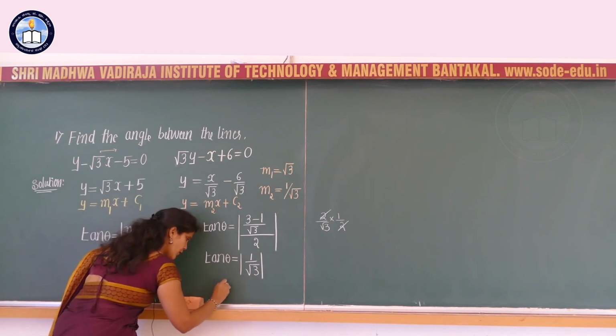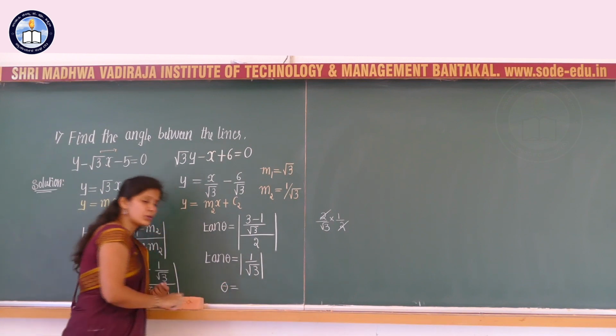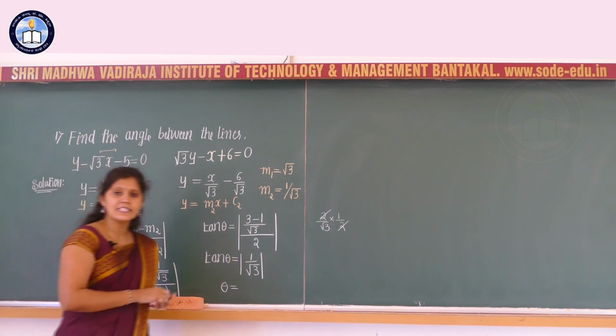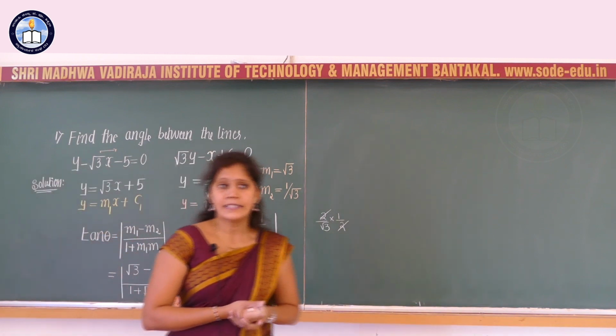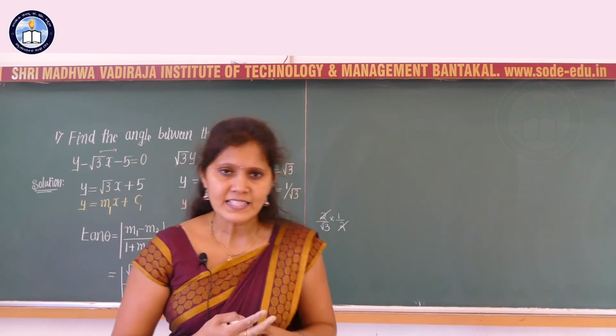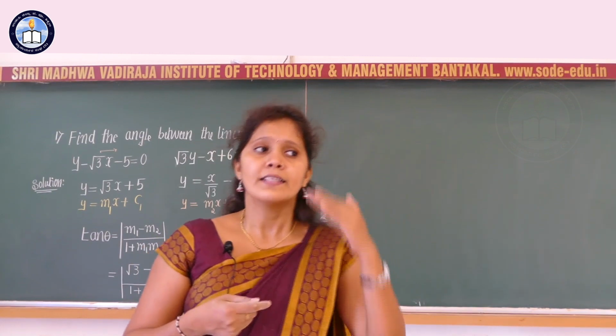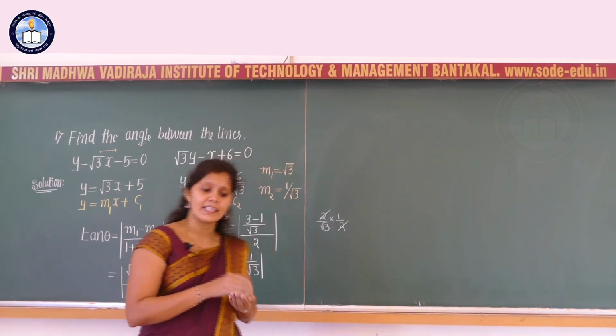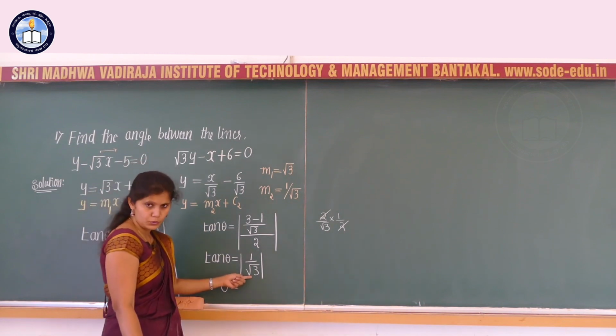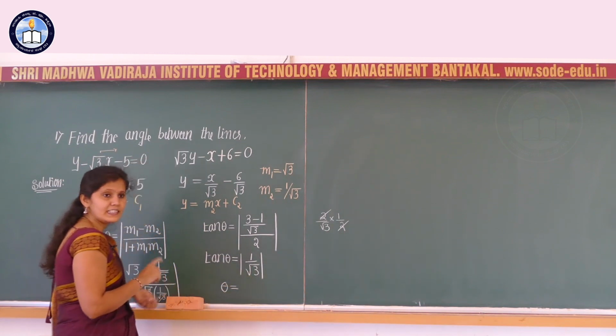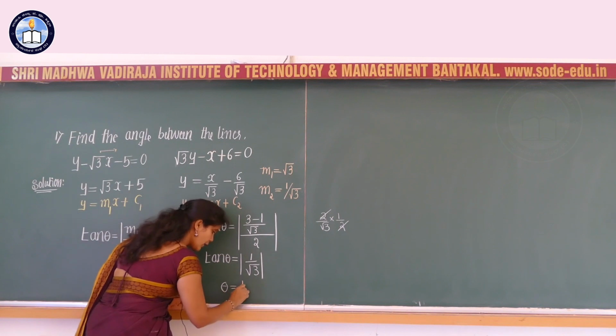So the possible value of theta is, we know the tan function: tan 0 is 0, tan 45 is 1, tan 60 degree is root 3. Tan 30 degree, what is tan 30 degree? That is 1 by root 3. So if you consider theta equal to 30 degree, how to write 30 degree?